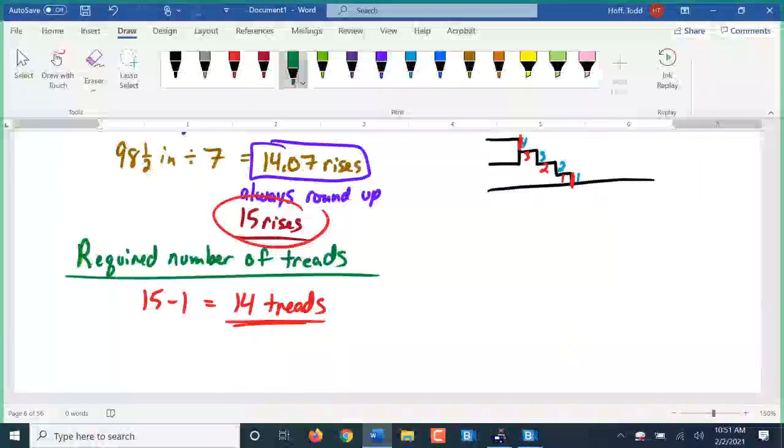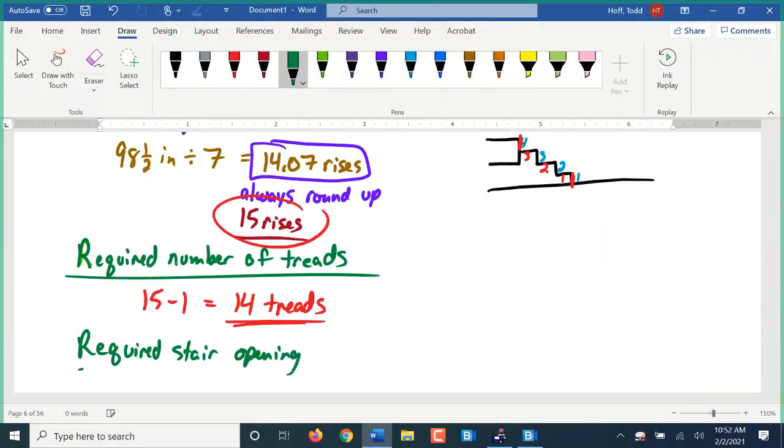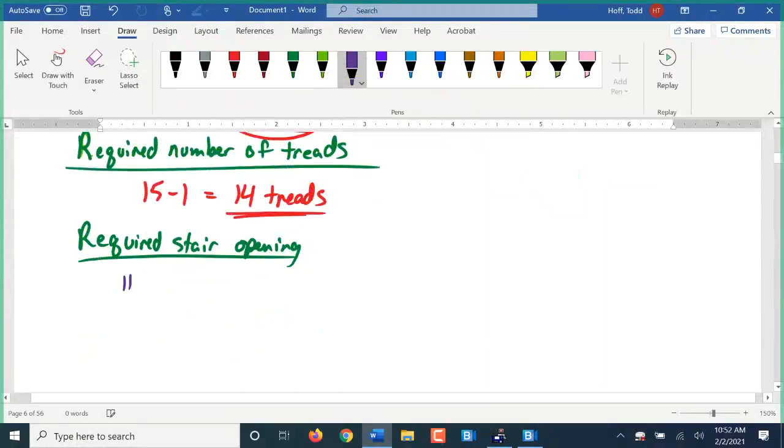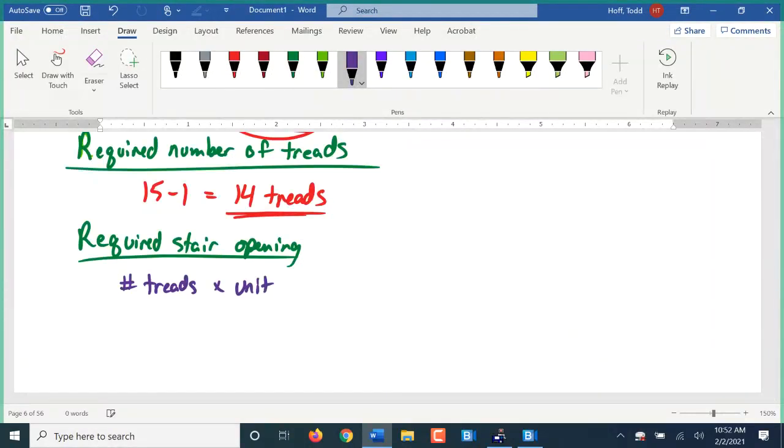So then that means our required stair opening is the number of treads, the last step, times the unit run, or the tread width. So here we need 14 treads times 11 inches each, 154 inches.